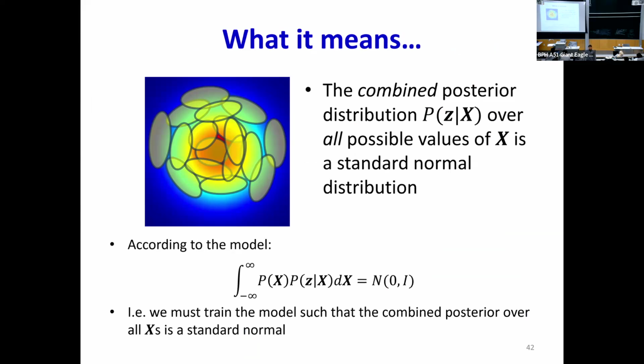Make sense? Right? So you want to make sure that the integral of p of x, p of z given x dx, is a standard Gaussian. Zoom, any questions? Was this too complex already? Because this is the easy bit.